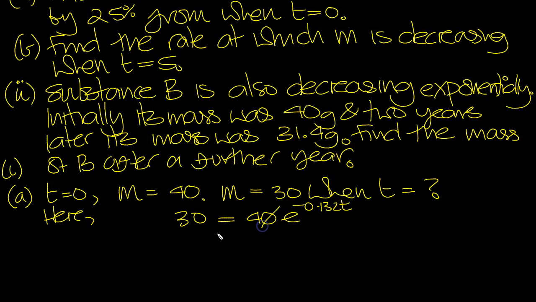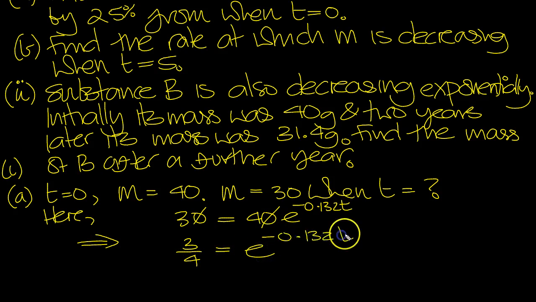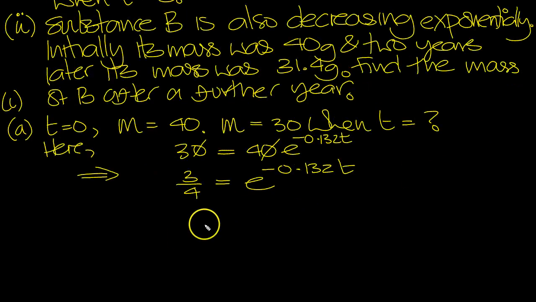So cancel by 10 both sides, and that tells us 3/4, move the 4 from times to divide, is equal to e to the minus 0.132t. And then take logs to base e.